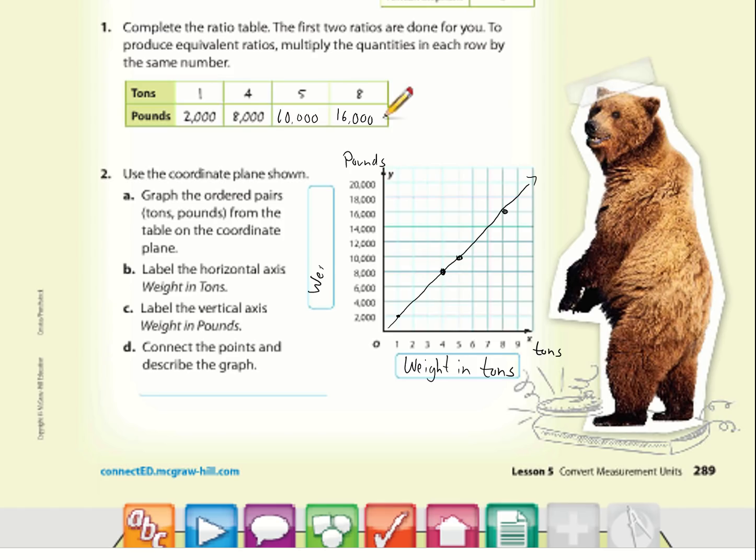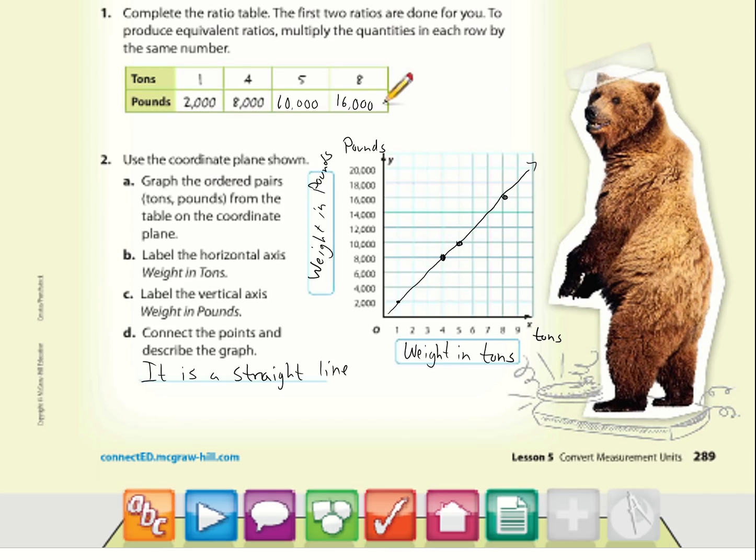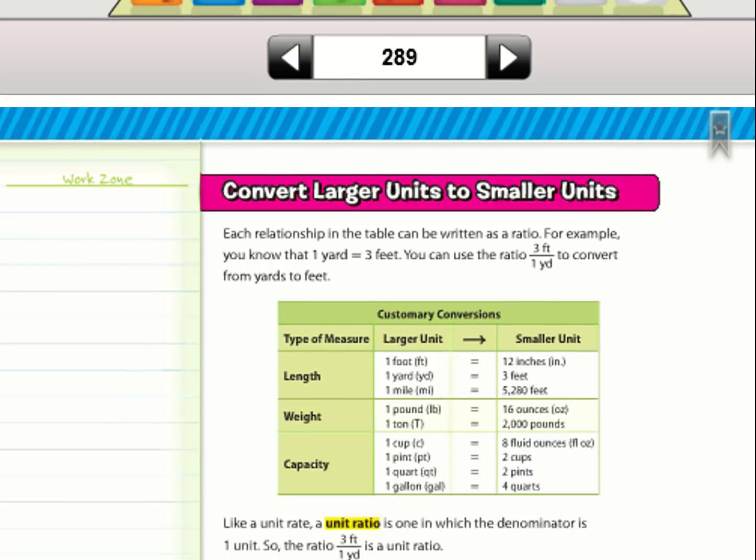Connect the points and describe the graph. It is a straight line. So that's the Real-World Link.